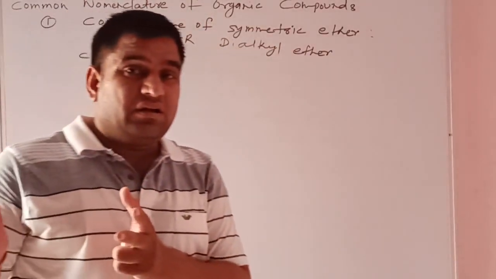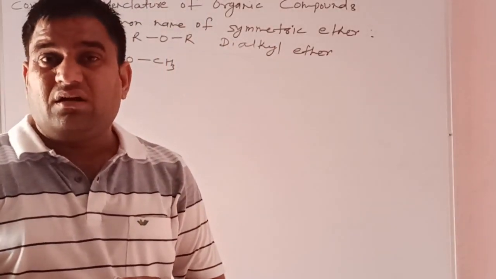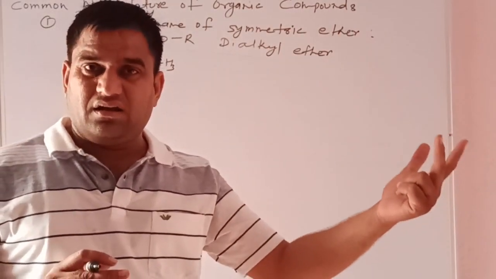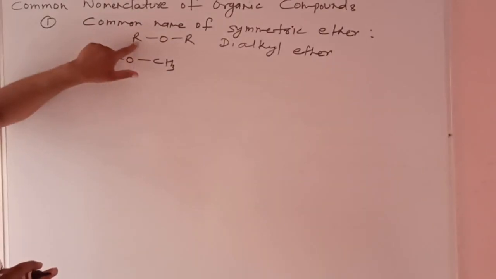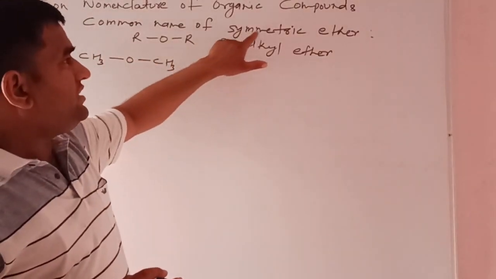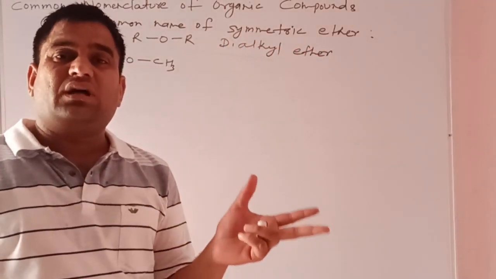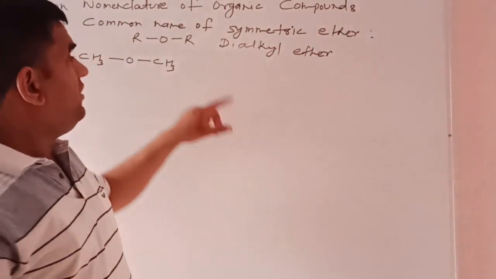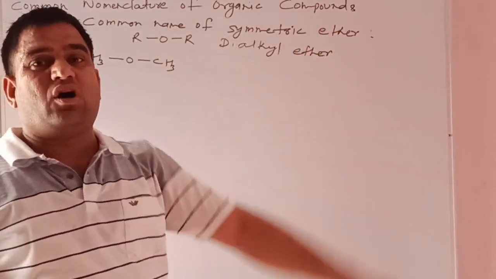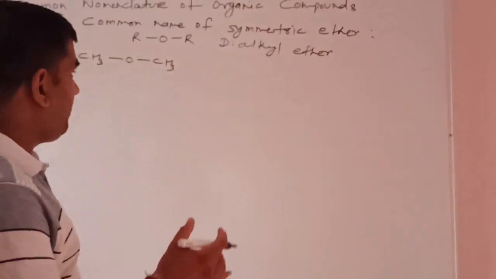We know that in common nomenclature the hydrocarbon chain is written as alkyl. So first alkyl group and second alkyl group, and in symmetric ether both alkyl groups are the same. So dialkyl ether is the common name of symmetric ether.